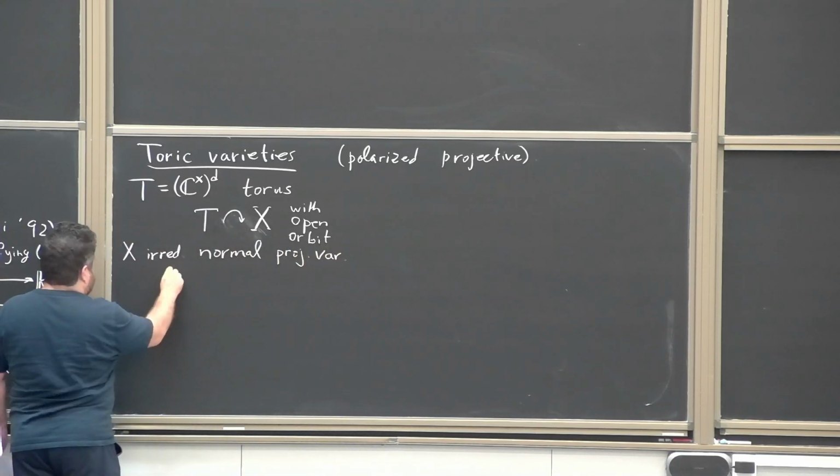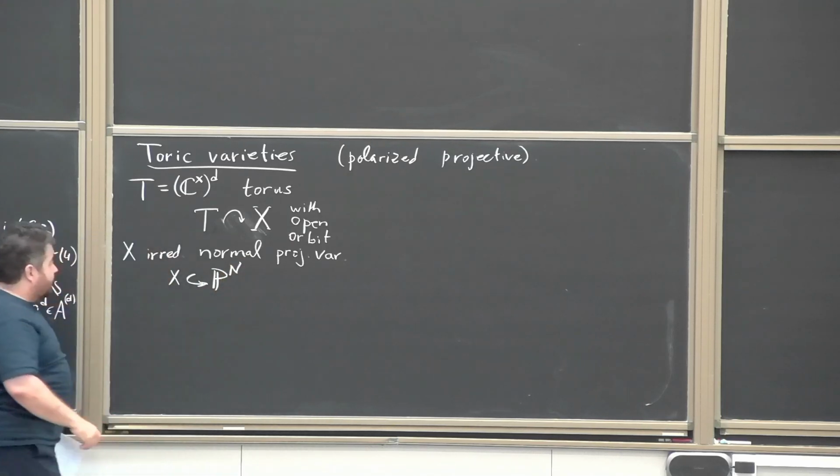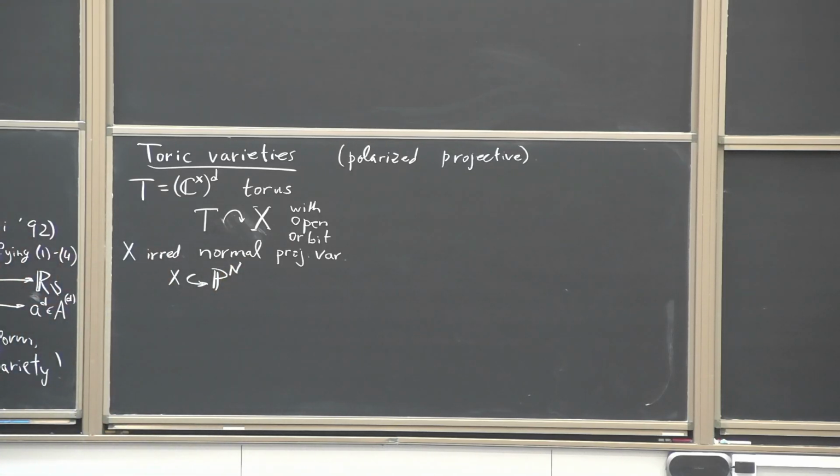So my X is embedded into P^n. Well, this means I'm dealing with a toric variety.